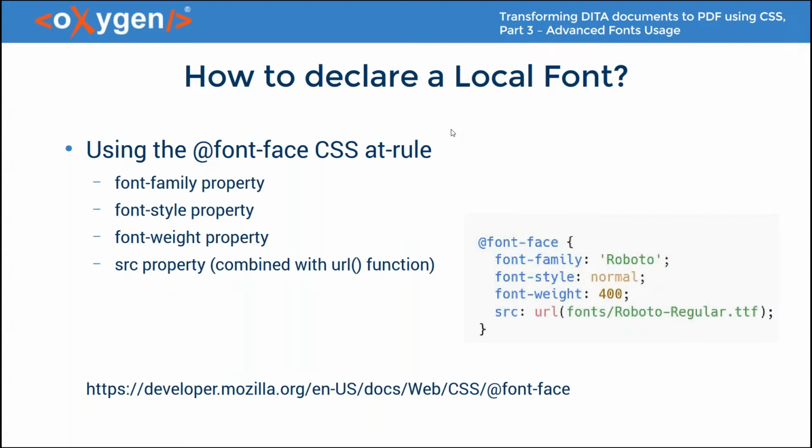This rule uses all the classic font properties that I showed you at the beginning of this webinar. So the font family, style, weight, etc. And of course, the main difference is that we also have to use the source property, which will be combined in most cases with the URL function once again to point to the correct font file.